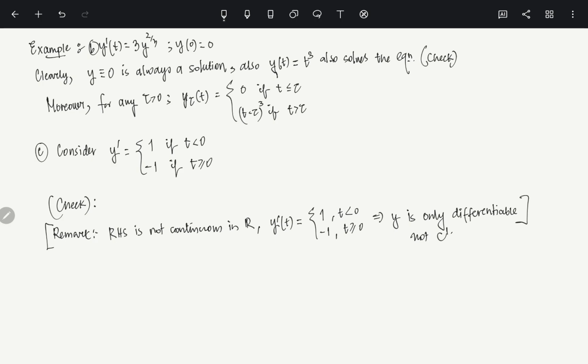Now you can check that there does not exist any solution. So you understand what I mean by solution of this problem? There does not exist any solution.